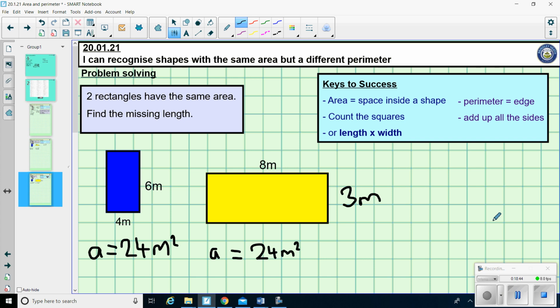So your tasks on maths.co.uk are very similar to the kind of questions I've just gone through there. If you choose to do the stretch today, it's just going to ask you about the inverse. So rather than recognising shapes with the same area but different perimeters, it's going to be looking at shapes with the same perimeters but different areas if you have a go at those today.